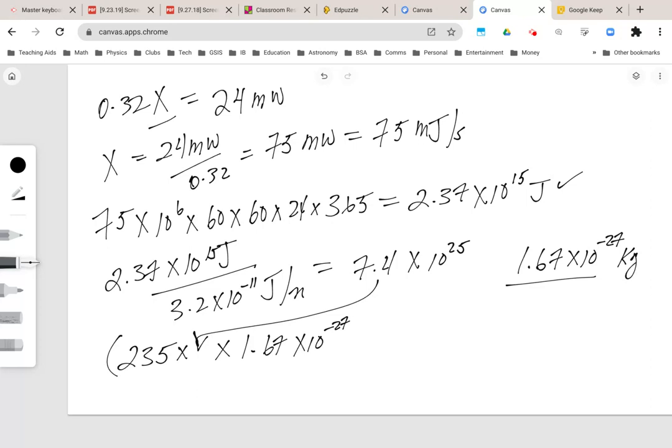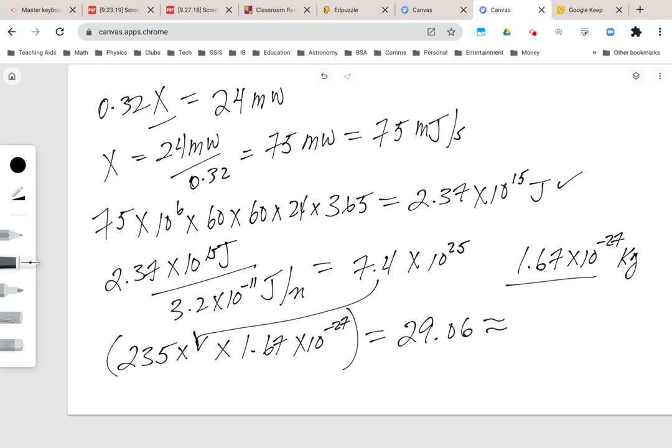And that's kilograms per nucleon, 235 nucleons per nucleus, and then this many nuclei. This number now turns out to be about 29, and I got 29.06, I think, in my calculator.